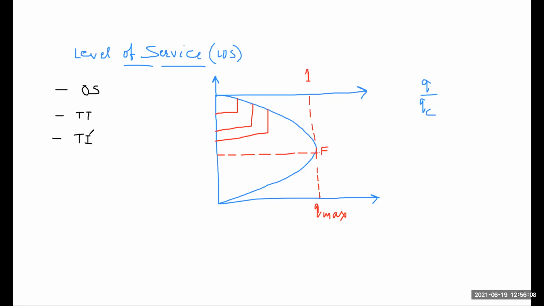Next one is your freedom of movement. If we allow freedom of movement to our drivers, or easy movement of our vehicles, we also require a high level of service. Next one is your driving comfort. I think all these points are very easy, and you have understood them easily.